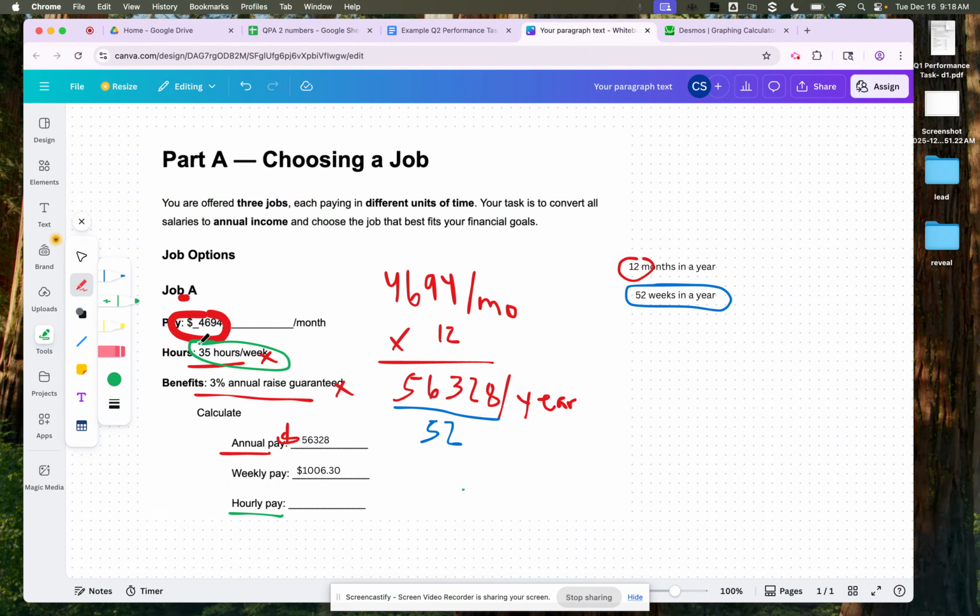I'm only working 35 hours a week. So I'm going to take my weekly pay, $1,006.30 per week, and I'm only working 35 hours.